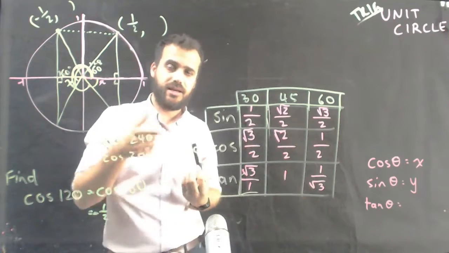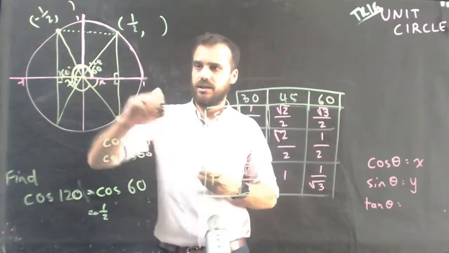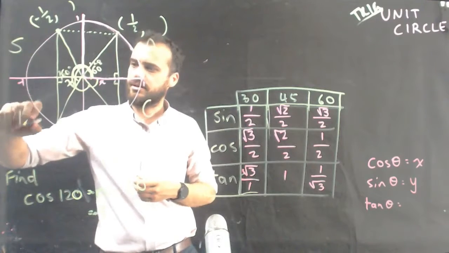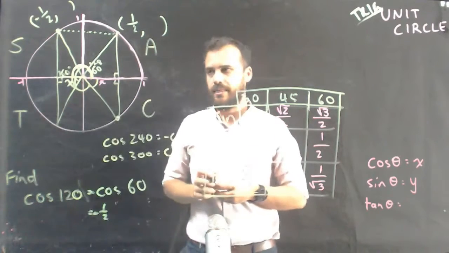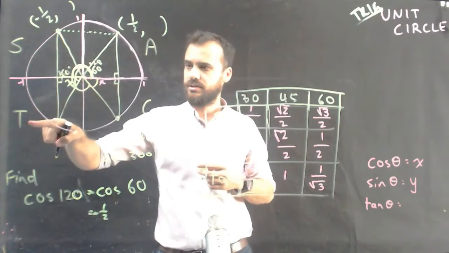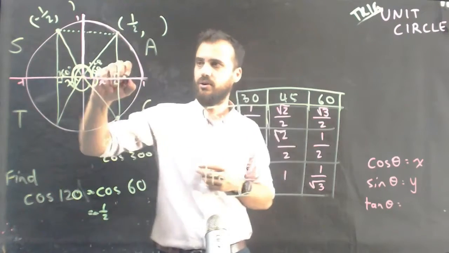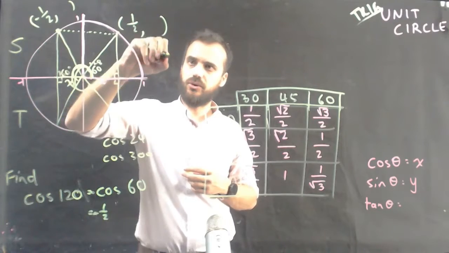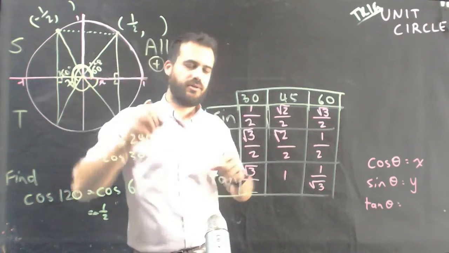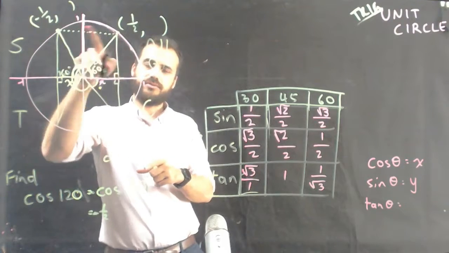Now, luckily, there's a handy way to remember this. C-A-S-T. Now, the way that we read this is cast. And what it says is that all ratios are going to be positive in this quadrant.